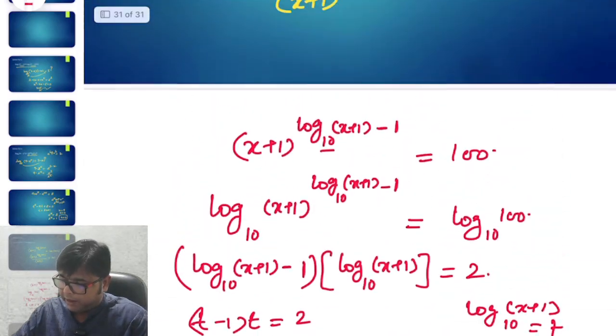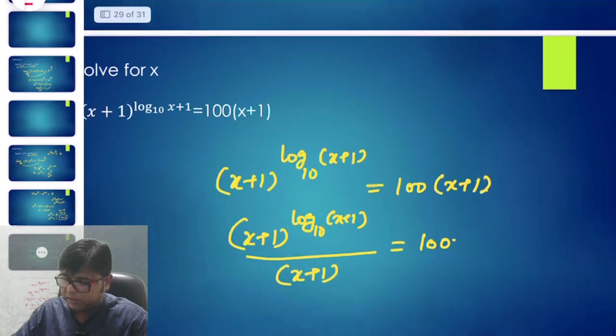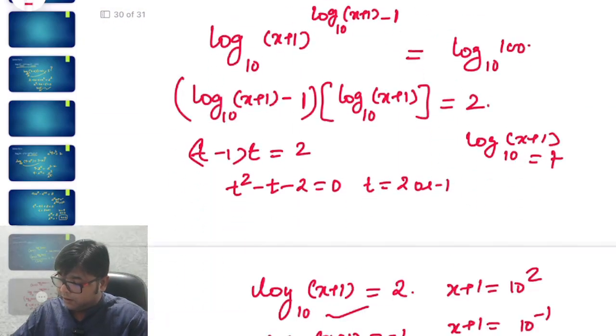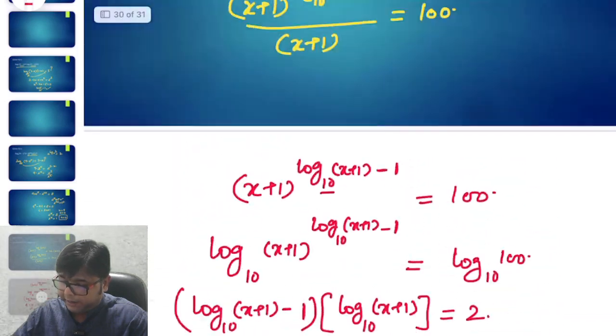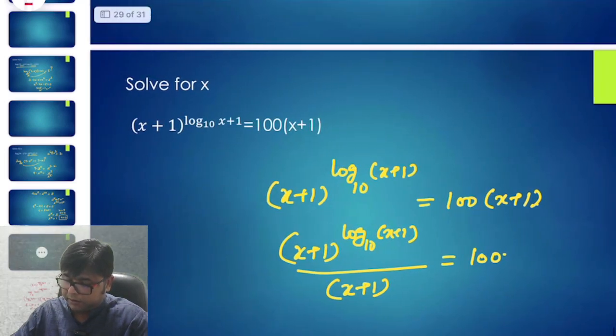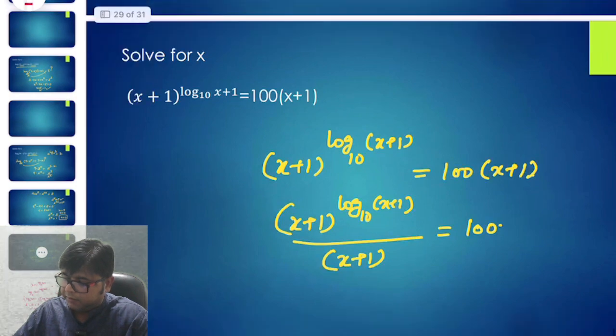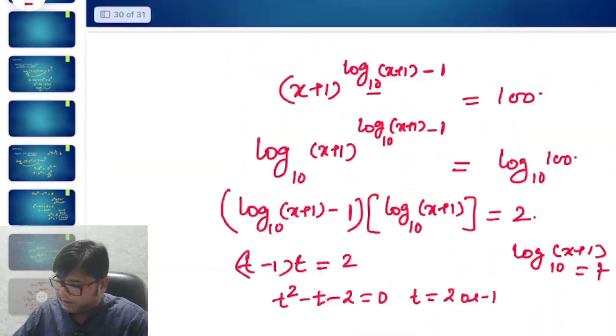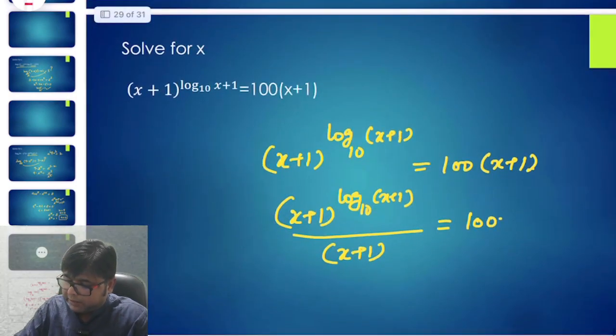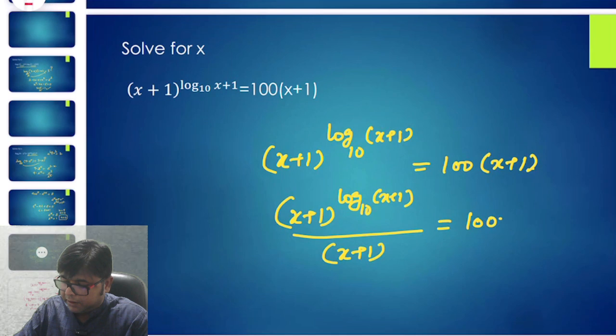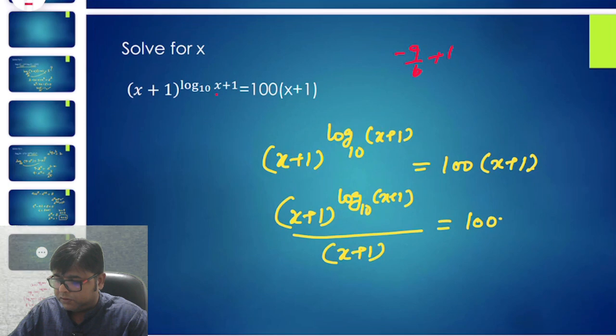But let us verify, are these values acceptable? So if I put 99, perfectly all right, 99 I can take. But can I take minus 9 by 10? So if I put minus 9 by 10, minus 9 by 10 plus 1 will be 1 by 10, which is also positive.